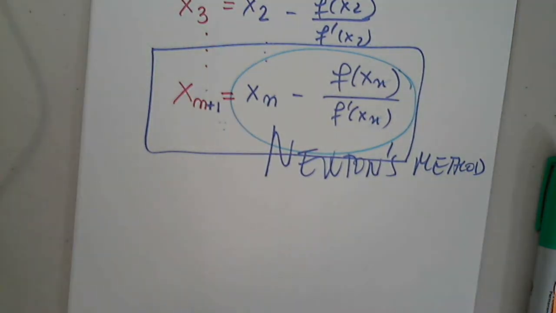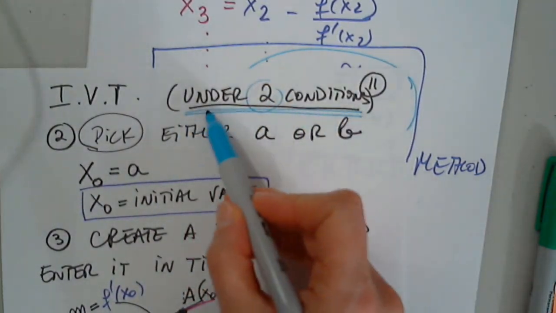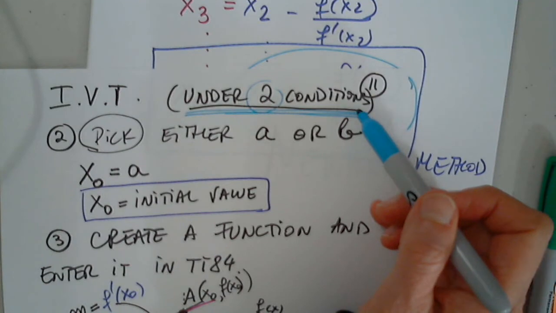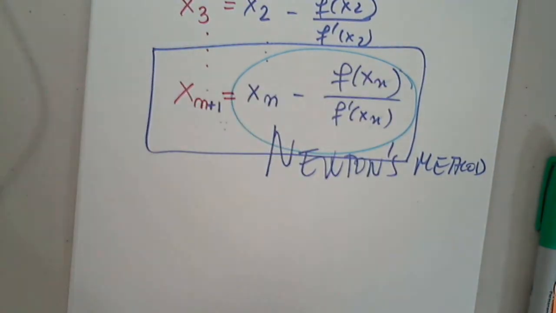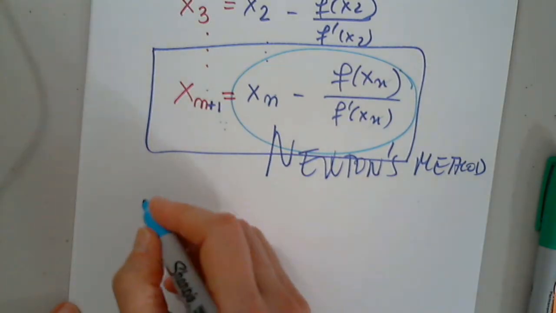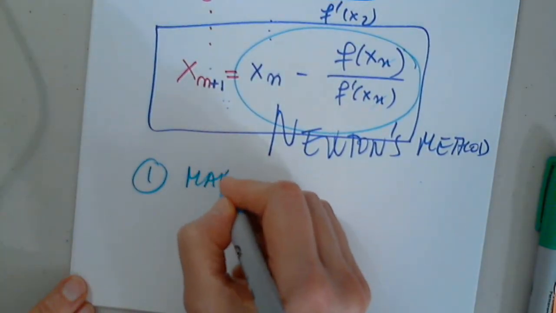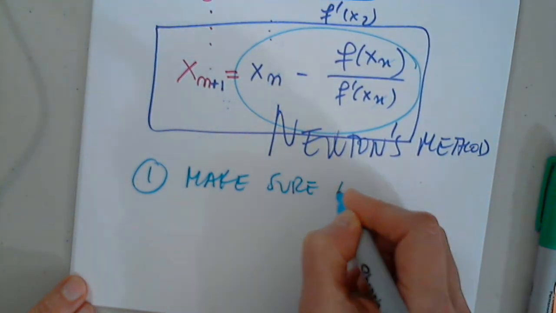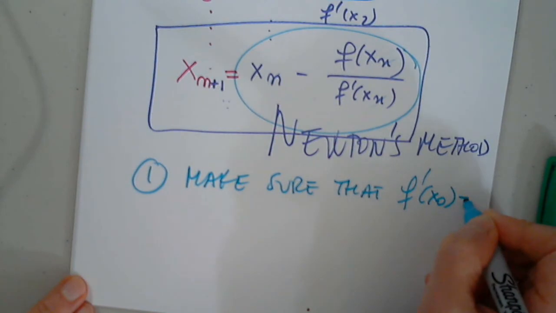Now, before we look at an example, I want to discuss this. Maybe they're not considered conditions, but they're considered warnings. Warning number 1. Make sure that f prime of x0 is not 0.